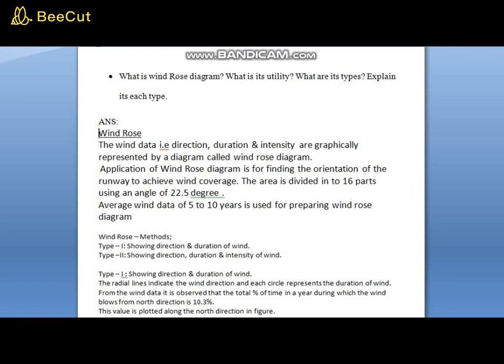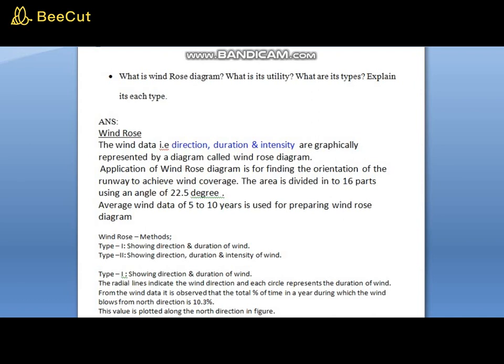These three are important: direction, duration and intensity.